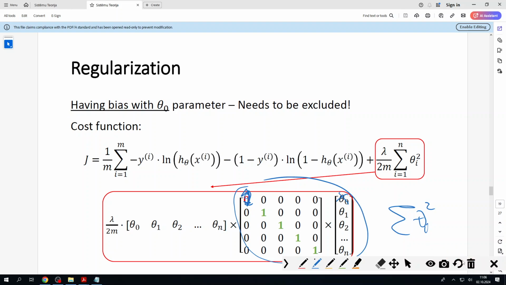In Python, it will just add an extra line of code in your j, which you have already calculated. You will have j plus something like numpy dot of these theta vectors. Well, I'm going to mark it like this.